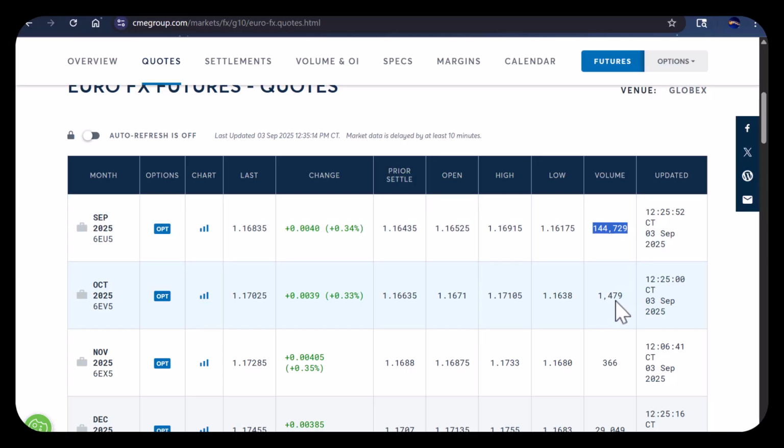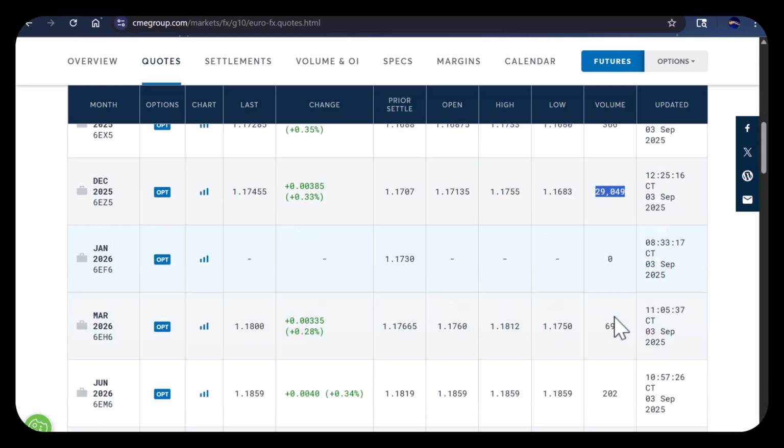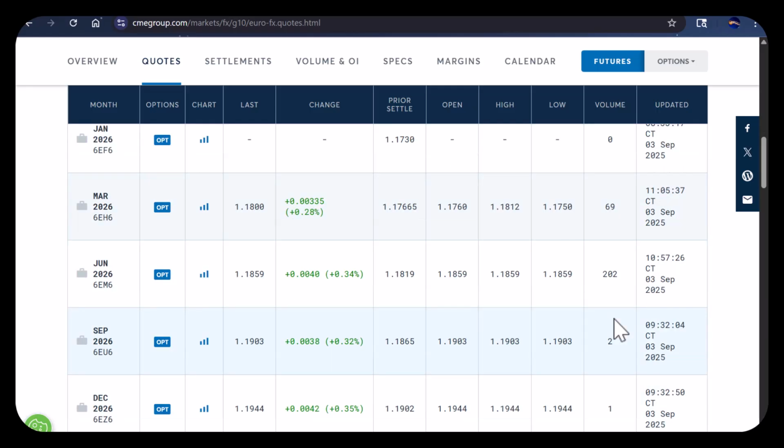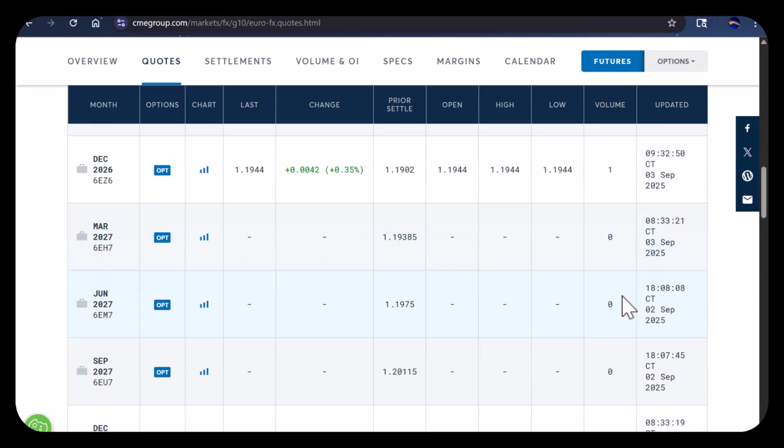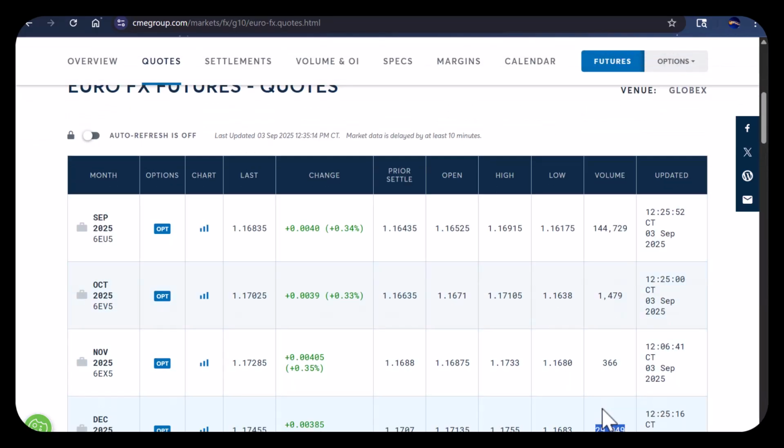Compared to the October contracts, it's pretty much 100 to 1. So most volume is in the near contract. You do have some volume at quarter and month contracts, such as December 2025, but not much after that. So the near month and near quarter have pretty much most of the volume.